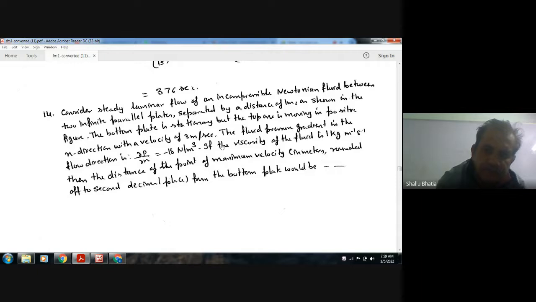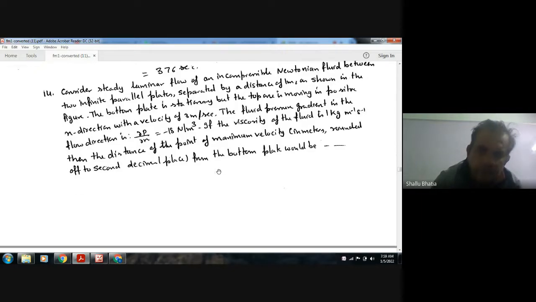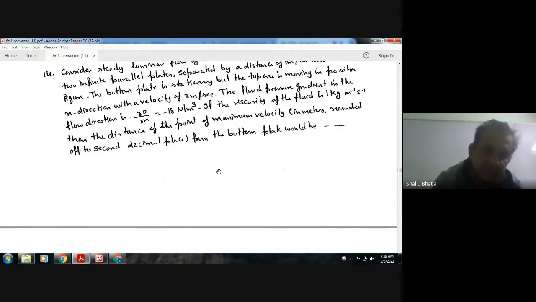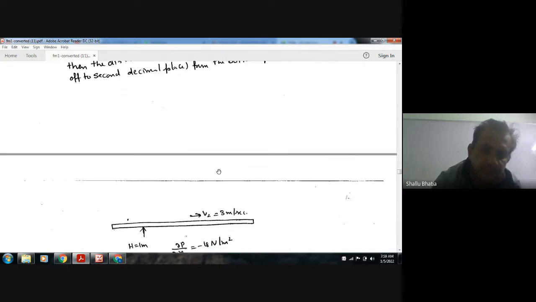The fluid pressure gradient in the flow direction is 18 Newton per meter cube. If the viscosity of the fluid is 1 kilogram per meter per second, the distance of the point of maximum velocity, rounded up to two decimal places, from the bottom is?